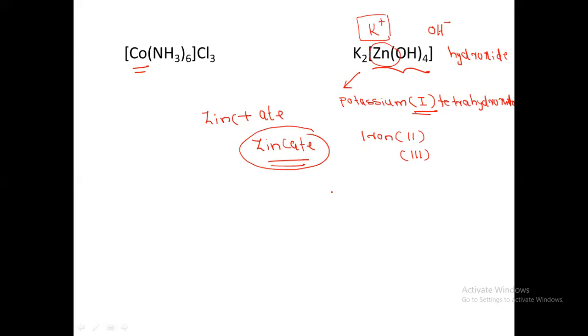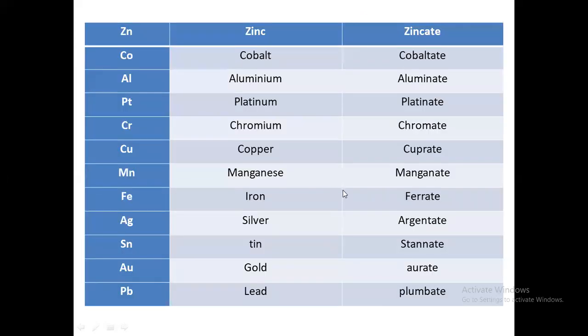Let's see how the name of the metal changes with ate. For zinc, just add ate. If zinc is part of a negative complex, we name it zincate. Cobalt becomes cobaltate. Aluminium becomes aluminate. Platinum becomes platinate. Chromium becomes chromate.